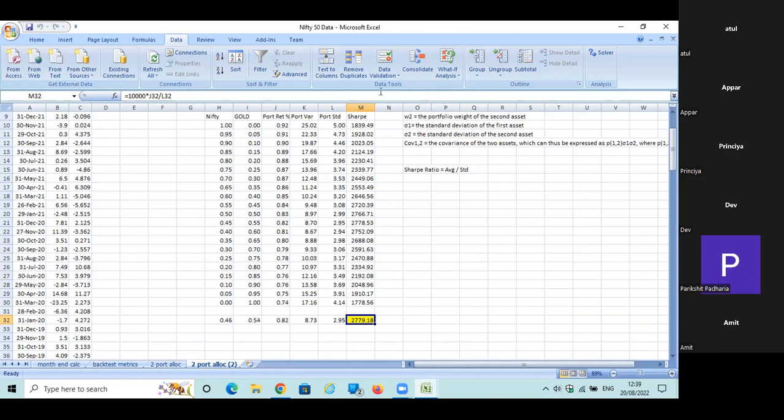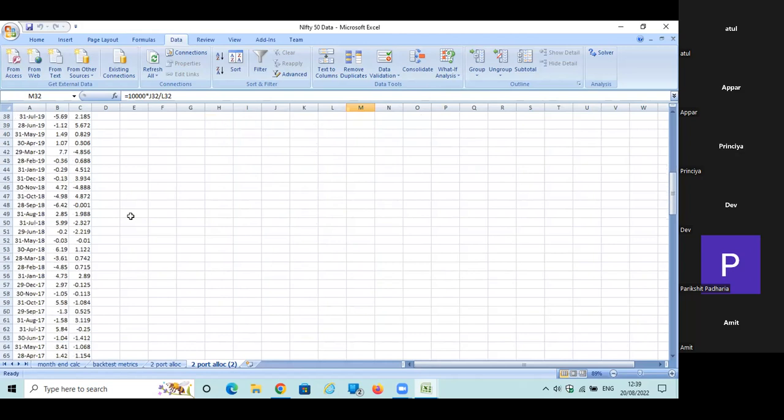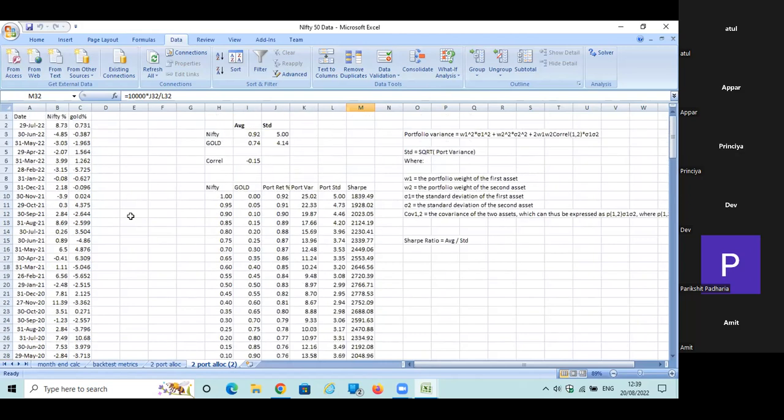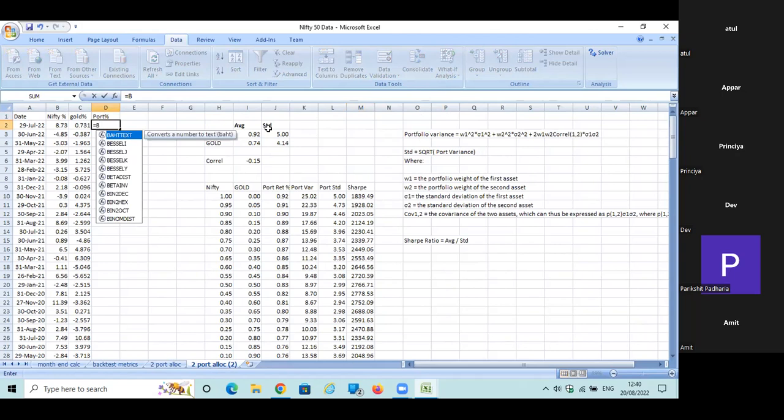Go up. Sorry, come down. Actually, go up. D will be portfolio returns. D1. Port percent equals to B1, B2 into, get that cell number.